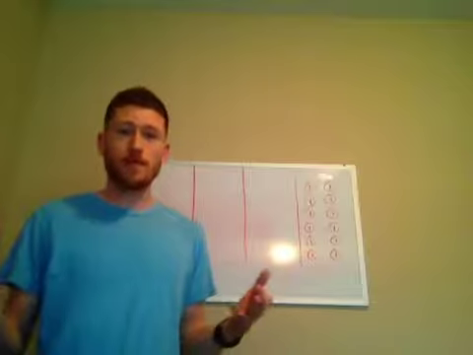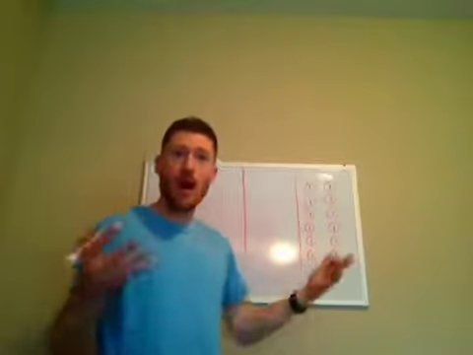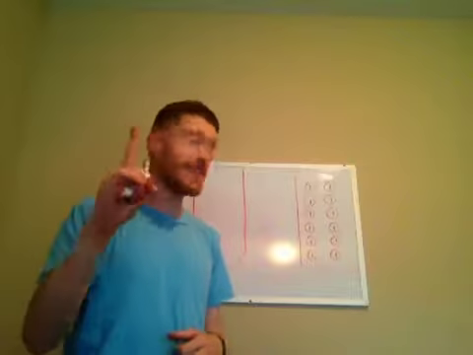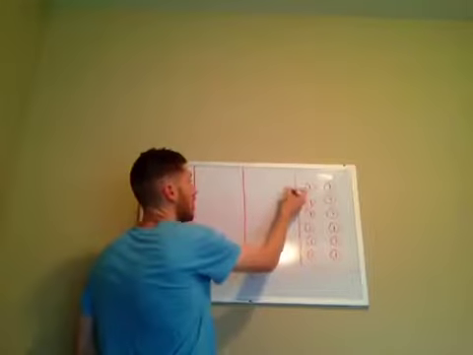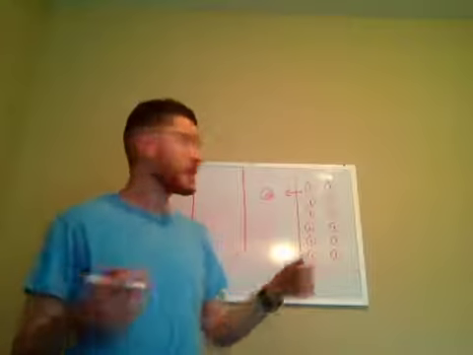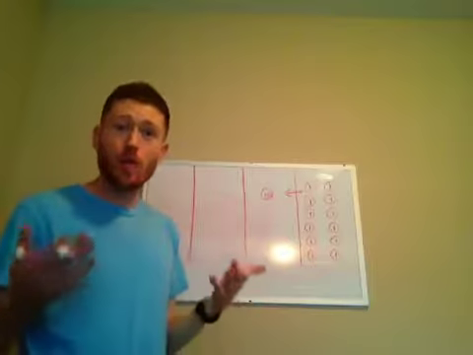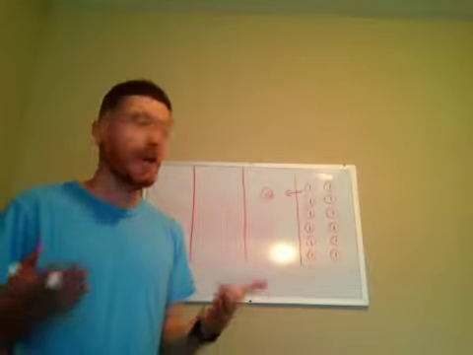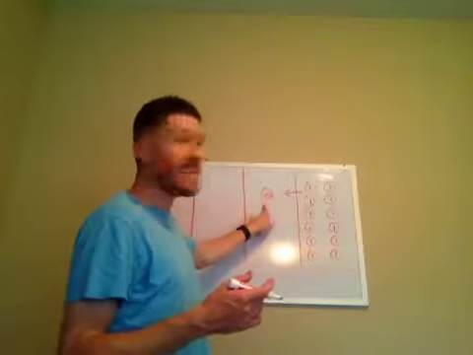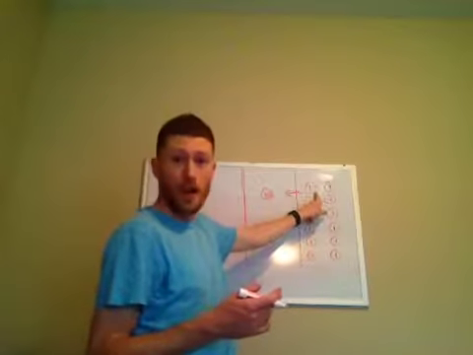So there's 10 ones. And what larger unit can I make with these 10 ones? Well, I know that I can make 1 ten. So I'm going to draw a little arrow over and draw a 10 in my tens place, because I know 10 ones is the same thing as 1 ten. And what I want you to get in the habit of saying today is that 1 ten is 10 times as much as 1.